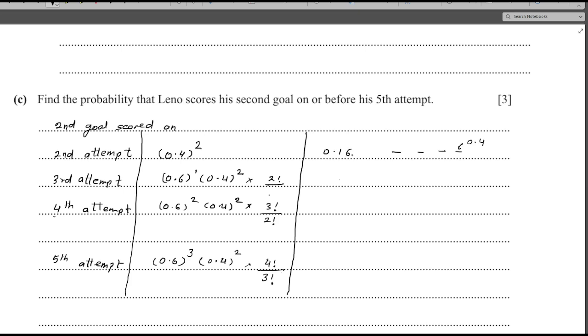Then 0.6 times 0.4 square times 2 factorial, that is 2, it is 0.192. Then 0.6 square times 0.4 square times 3 factorial divided by 2 factorial, so that is 3, which is equal to 0.1728.